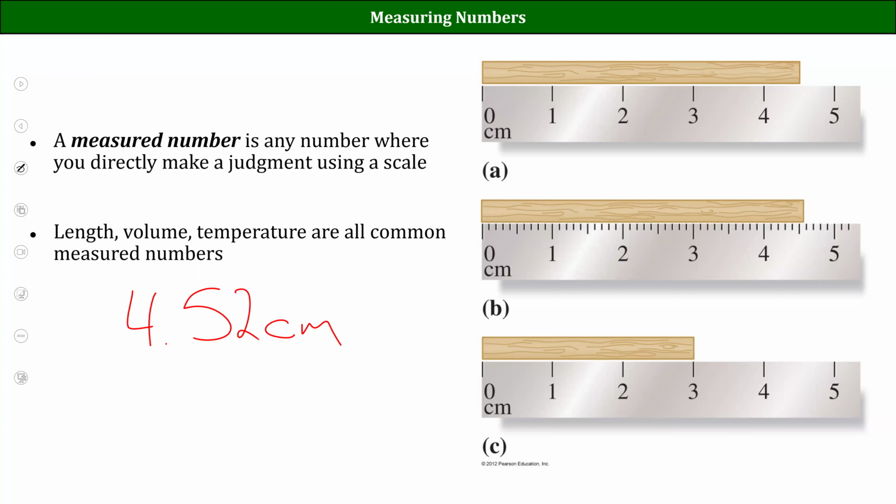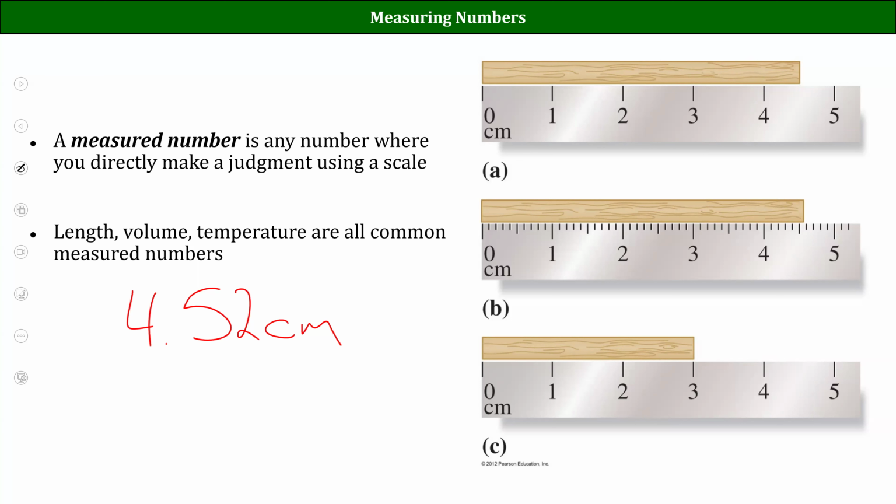Now I've estimated 2 decimal places, right? Am I actually certain about that 5 in the tenths place? Basically, when we measure numbers in the sciences, we always assume the last digit in your number is where the uncertainty is. So by writing 4.52, I'm saying I am certain about the 4, I'm certain about the 5, and I'm guessing on the 2.